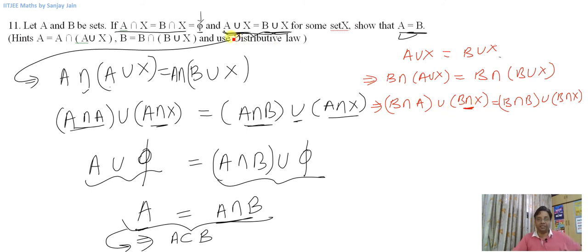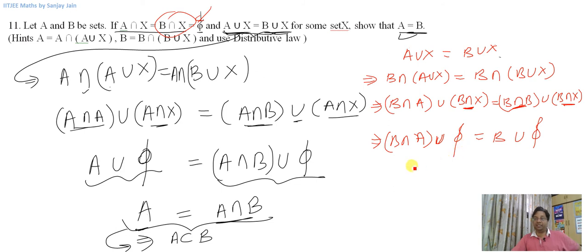As we know, B intersection X is phi, right? So this is phi, this is phi. This will give me B intersection A union phi is equal to B intersection B, which is B itself, union phi. So union of a set with an empty set is the set itself.